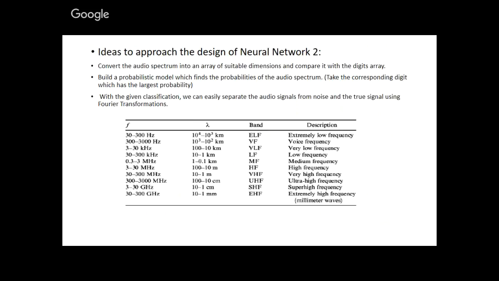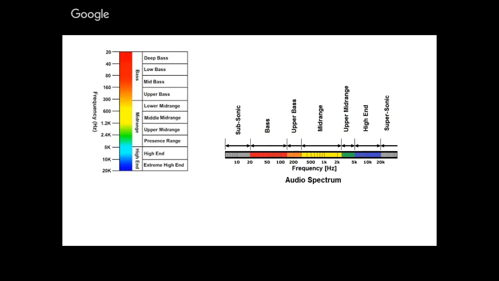To approach neural network 2, which is from scratch, we need to first convert the audio spectrum into an array of suitable dimensions, as I told you before, and compare it with the digits array. We need to build a probabilistic model to find which corresponding digit has the highest probability with which frequency. This is the classification of this audio spectrum.